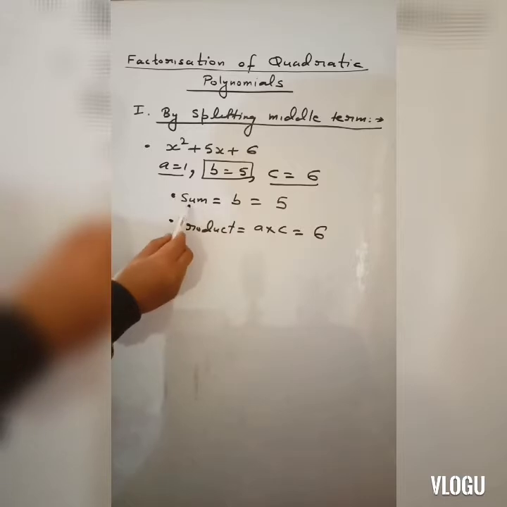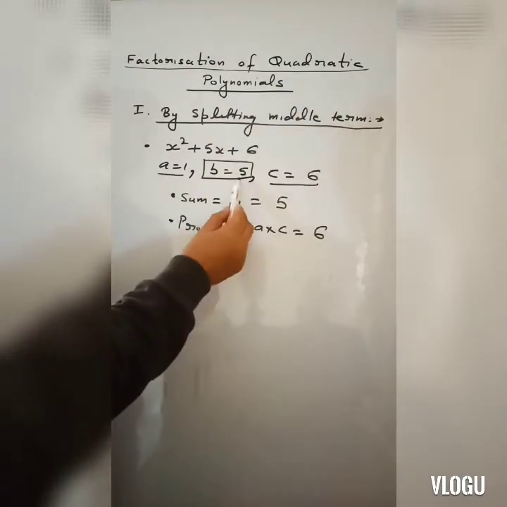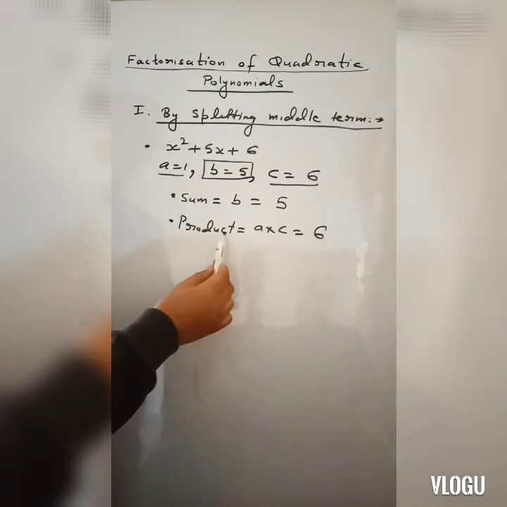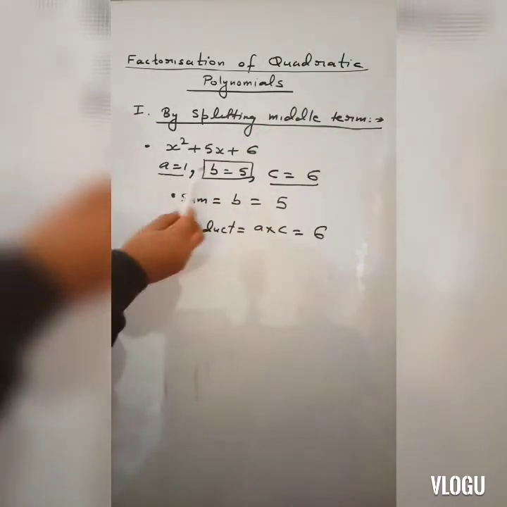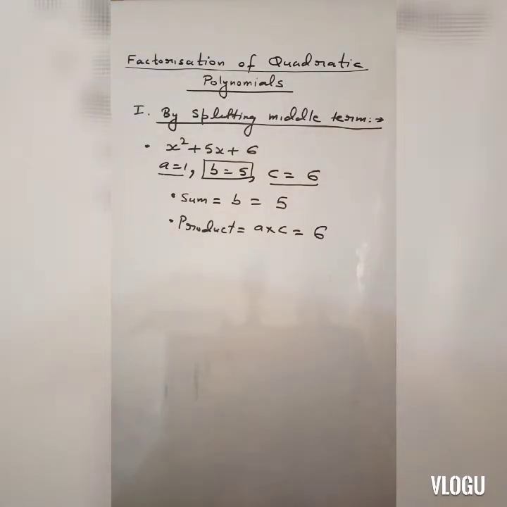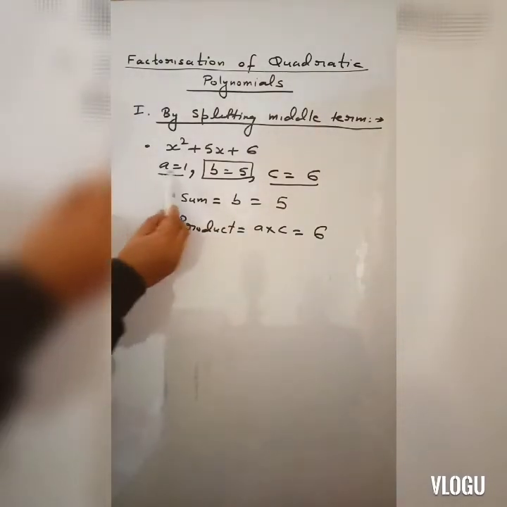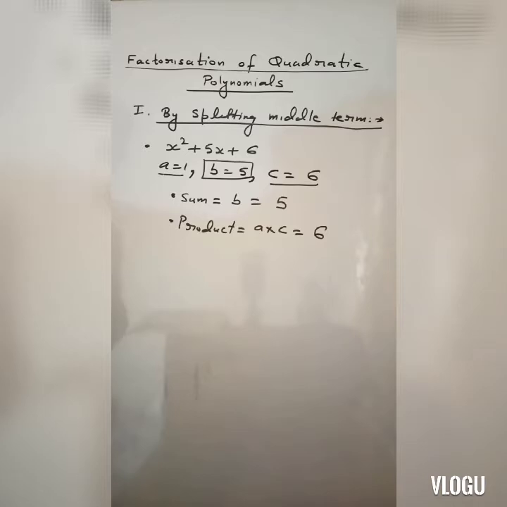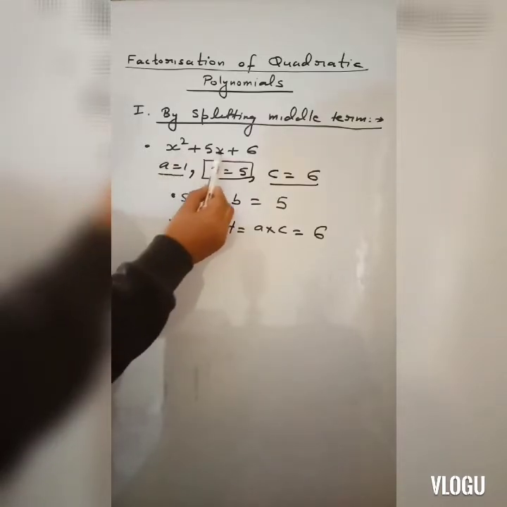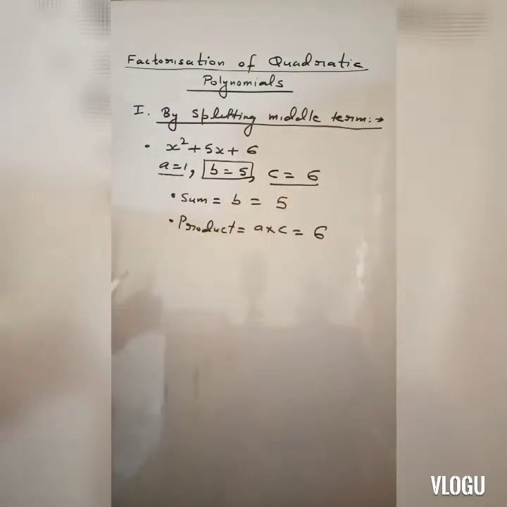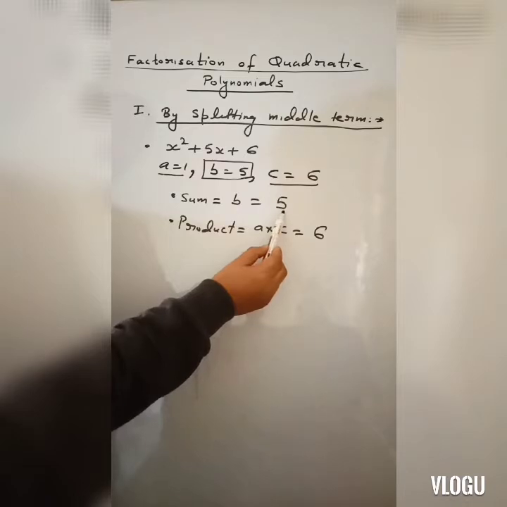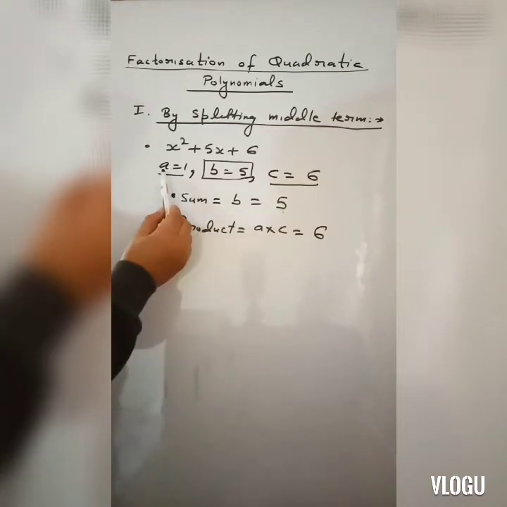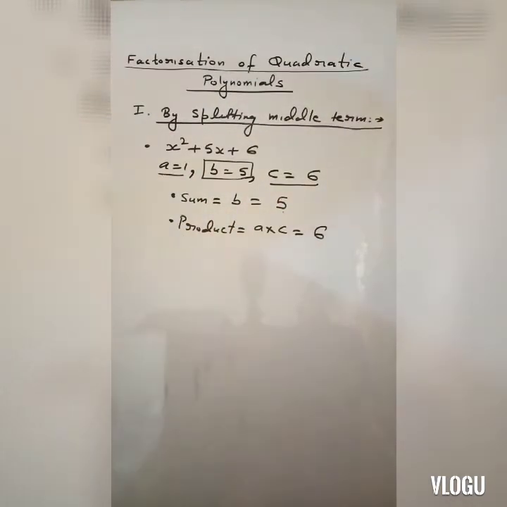The sum of those two numbers should be equal to this b, which means 5. And the product of those two numbers should be equal to a into c, which means 1 into 6. So you have to find two numbers whose sum is equal to this middle one, 5, and whose product is equal to the product of a and c. As I told you earlier, this a, b, c plays a very important role in this factorization, right? So you should know first what a, b, c are in the given polynomial. a means the coefficient of x square, b is the coefficient of x, and c is your constant term.